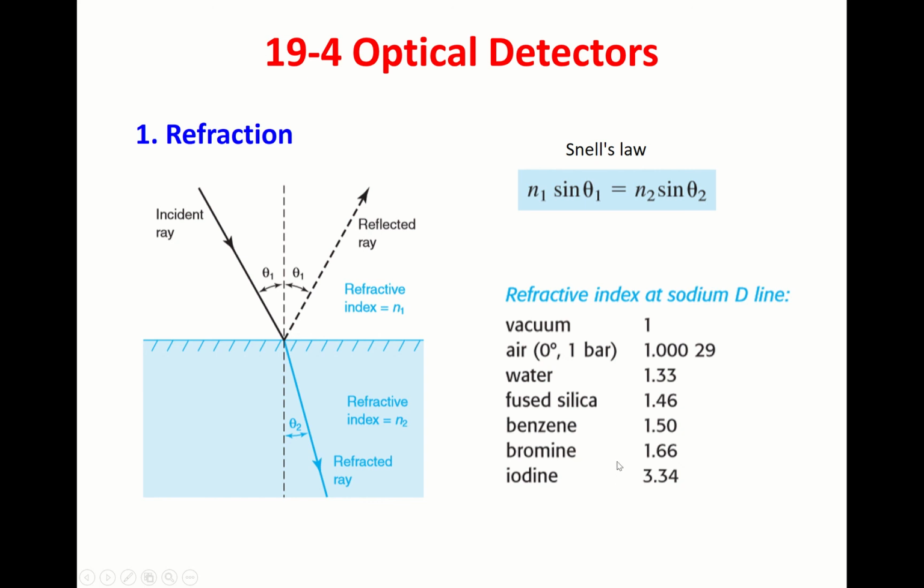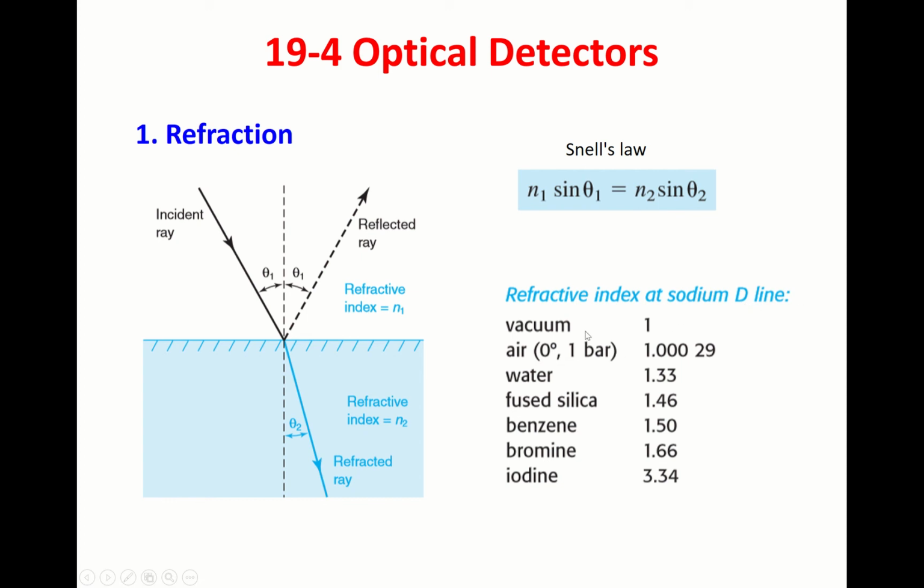This table shows refractive index at the sodium D line. The refractive index depends on the wavelength, so when you measure the refractive index exactly, you have to use well-defined light. Usually people use the sodium D line.